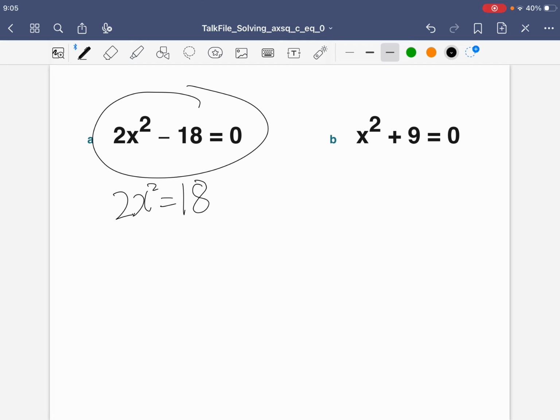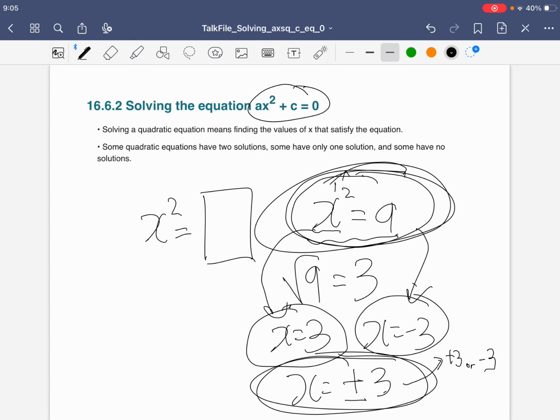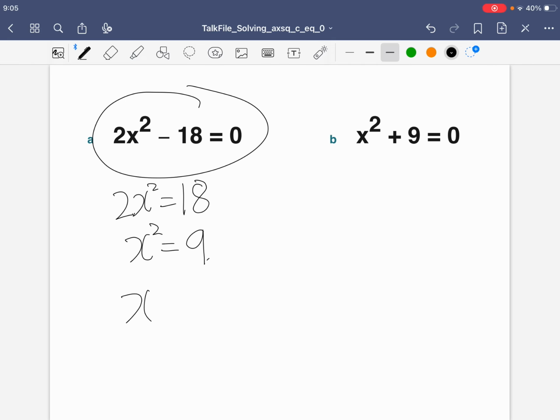I'm hoping everyone is used to this because it's pretty much the same as solving linear equations. So x squared equals 18 divided by 2, then you get 9. It's exactly the same. So now you get x equals plus minus 3.